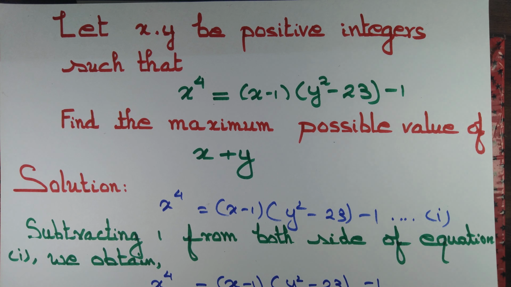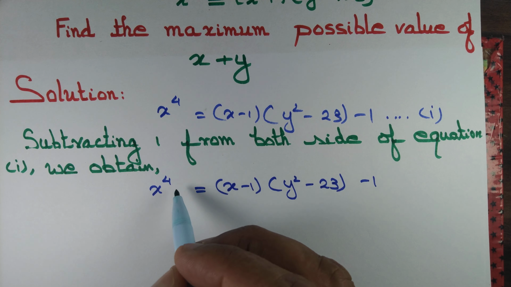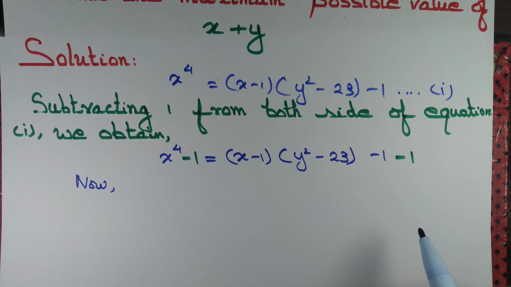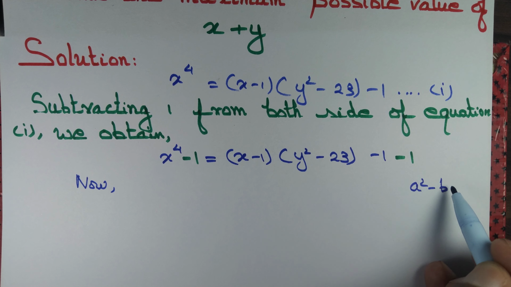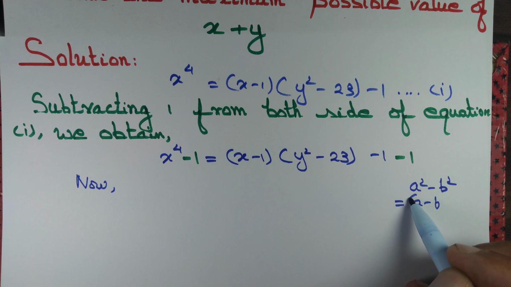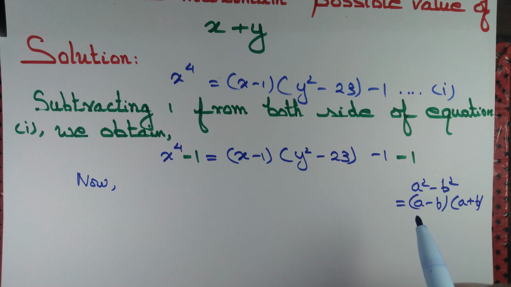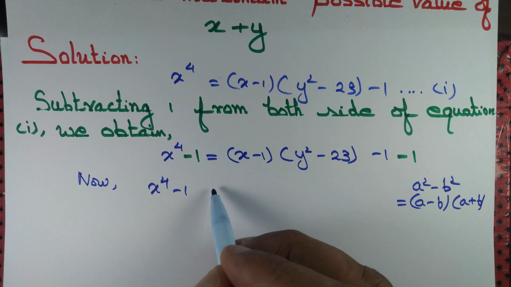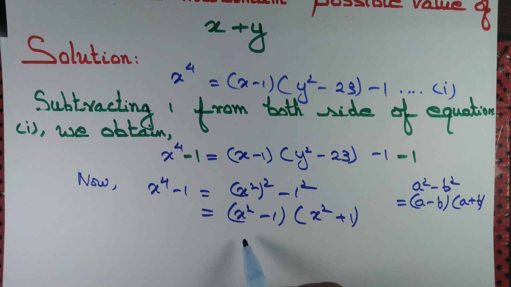So we just subtract 1 from both sides of this equation to obtain x to the power 4 minus 1 equal to (x minus 1) times (y square minus 23) minus 1 minus 1. Now we know that a square minus b square equals (a minus b)(a plus b). So x to the power 4 minus 1 equals (x square) square minus 1 square, which is (x square minus 1)(x square plus 1).